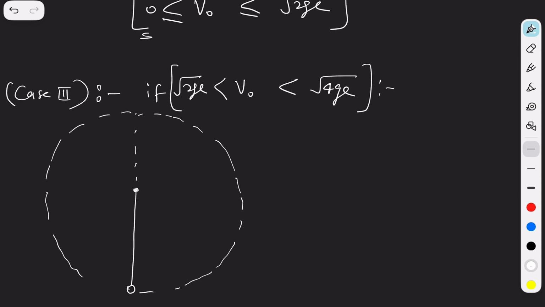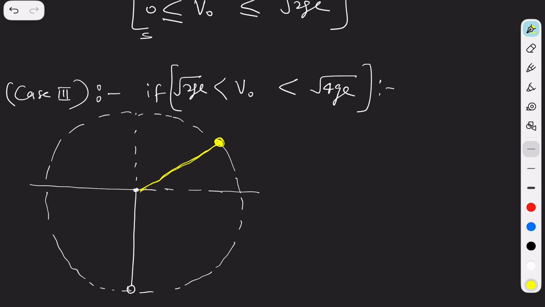So if you see here, as the particle comes here, the tension becomes 0. But because the tension becomes 0, the rod is not going to slack.